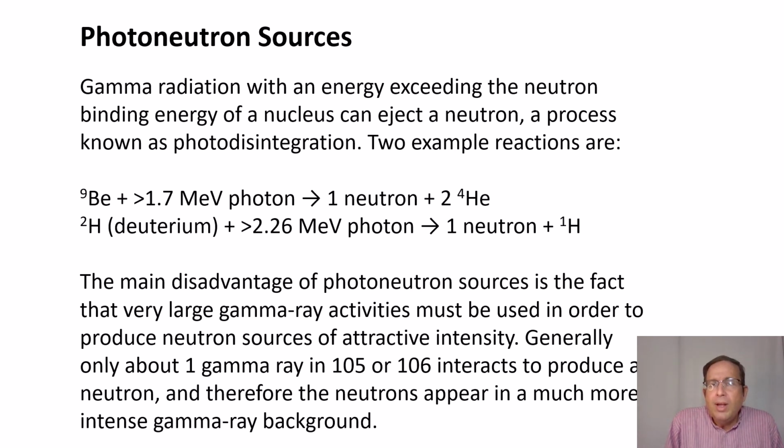So a large amount of gamma ray intensity is required to produce smaller intensity neutrons. And so when you're talking about neutron intensity, there is a background of gamma rays which are coming out which haven't interacted at all. So a background of gamma ray is also there along with the neutrons which come out in these photodisintegration sources.